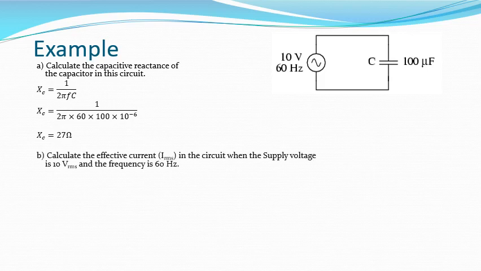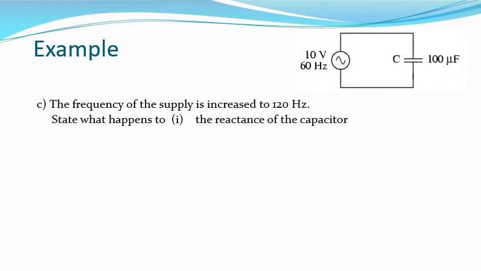We were then asked to work out the current, and now because we have the reactance and the RMS voltage, we can work out the current straightforwardly. Okay, and finally we're asked what would happen if the frequency of the supply is increased to 120 Hertz. And this just says state what happens.